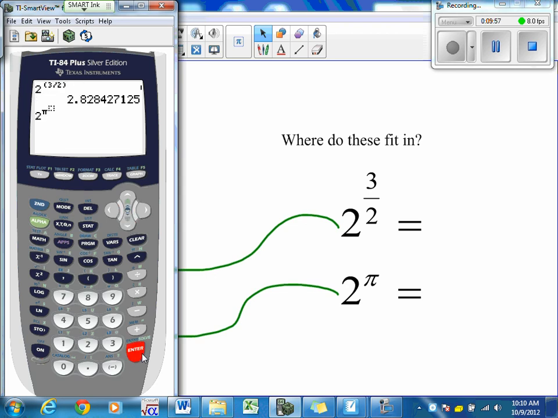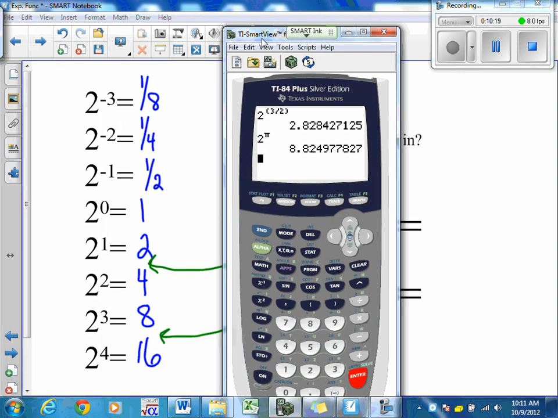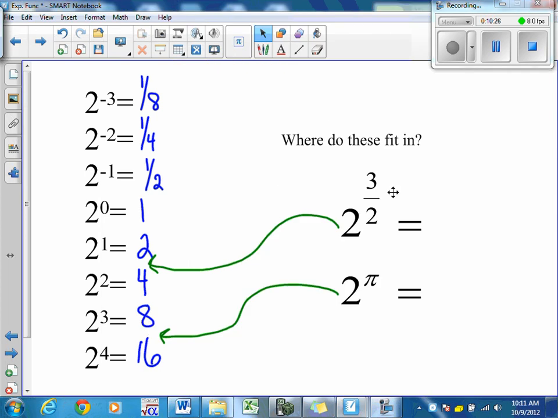Let's try it again. 2 to the 3 halves. 2 to the pi. And you can see 2.8 is between 2 and 4. 8.82 is between 8 and 16. So it works. But how do we find these?